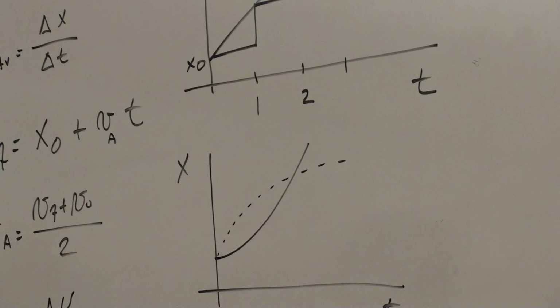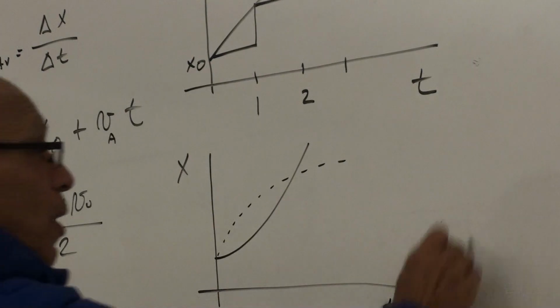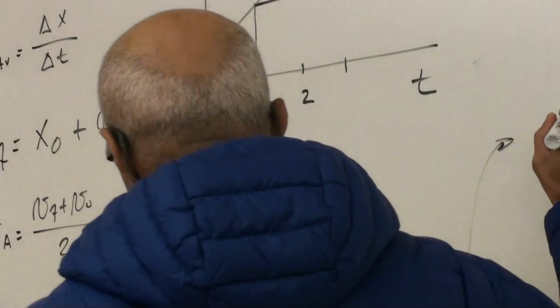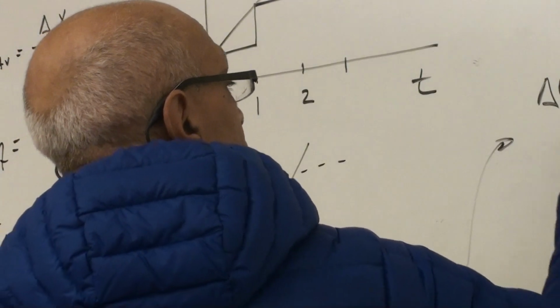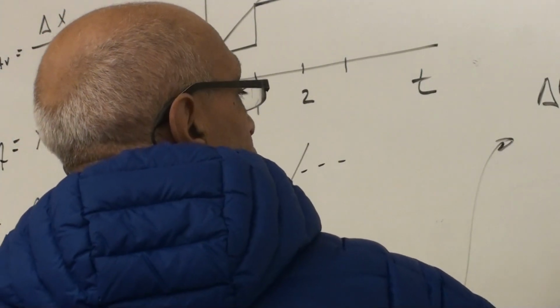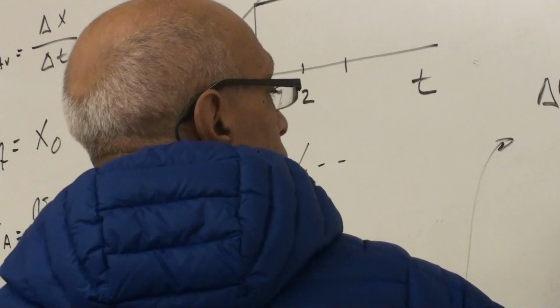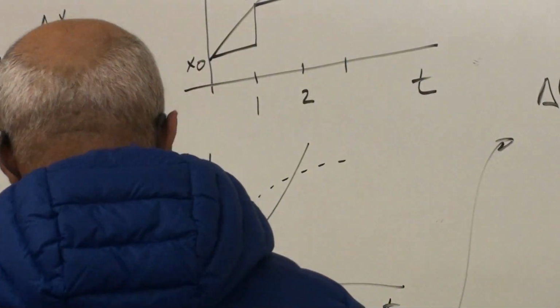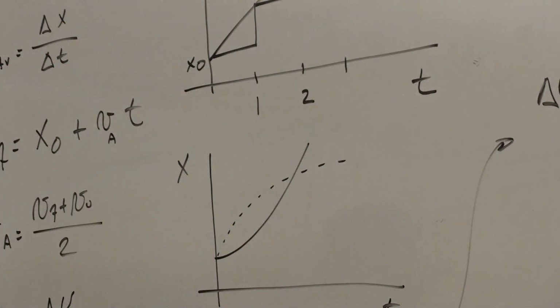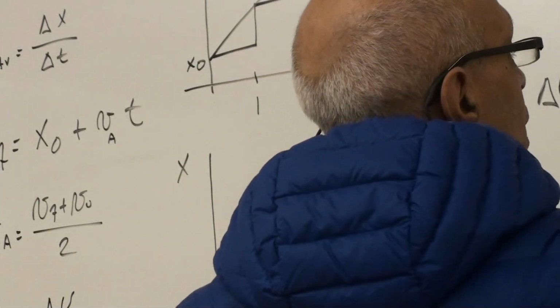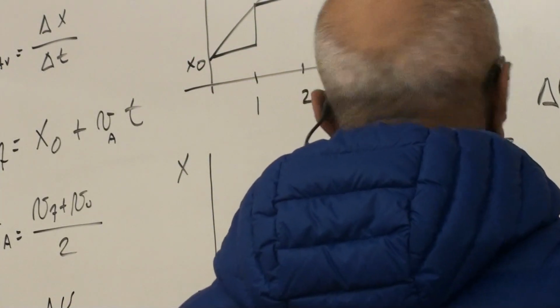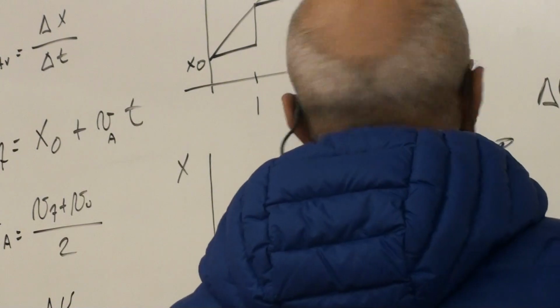So from here, I'm going to write down now that delta t is going to be delta X divided by VF plus V0 divided by 2. And delta t is also equal to this, okay? So when I do that, I'm going to have here VF minus V0 divided by A.